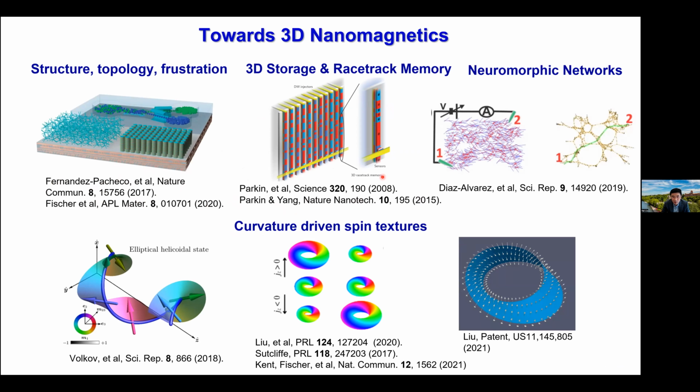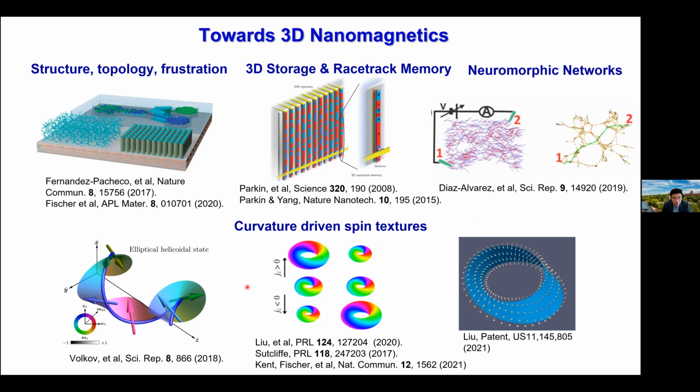And this is the very well-known racetrack memory proposed by Stuart Parkin and colleagues. Initially the first prototype, and then the 3D version of such a racetrack memory. And there have also been various proposals of studying 3D nanomagnetics for neuromorphic circuits.